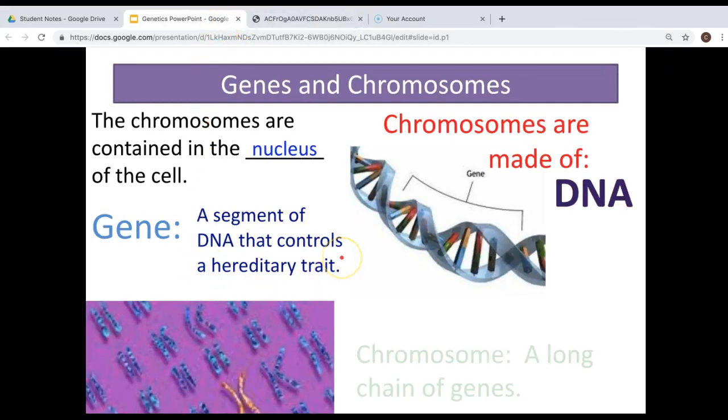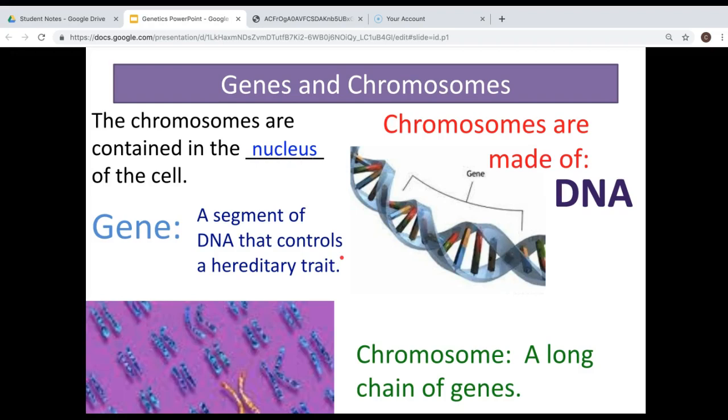All right, moving on. We know that chromosomes are a long chain of genes. Again, a chromosome is a large body of hereditary material. In that chromosome is a lot of condensed DNA.